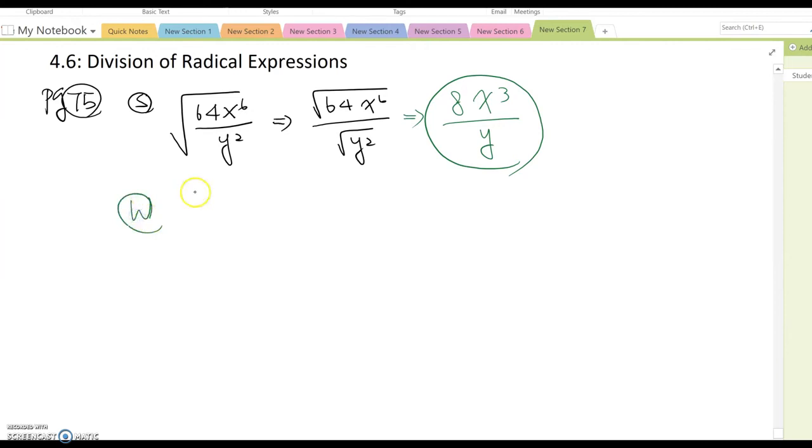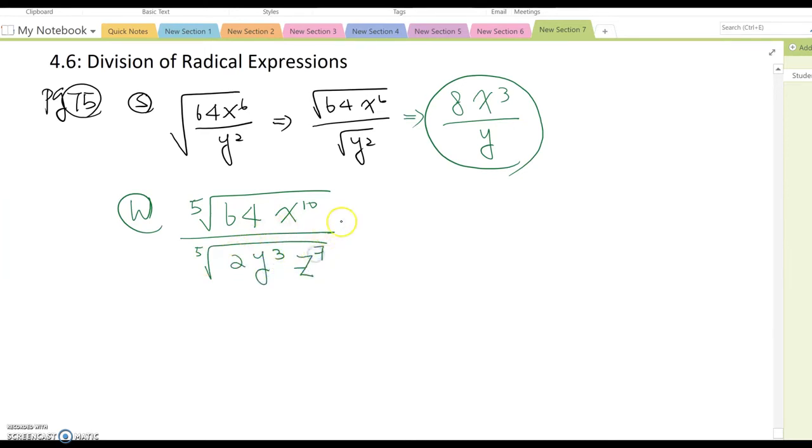In the W case, this is the fifth root of 64 x to the 10th power over the fifth root of 2y cubed z to the 7th. First of all, you can simplify the numbers 64 and 2 by combining them.